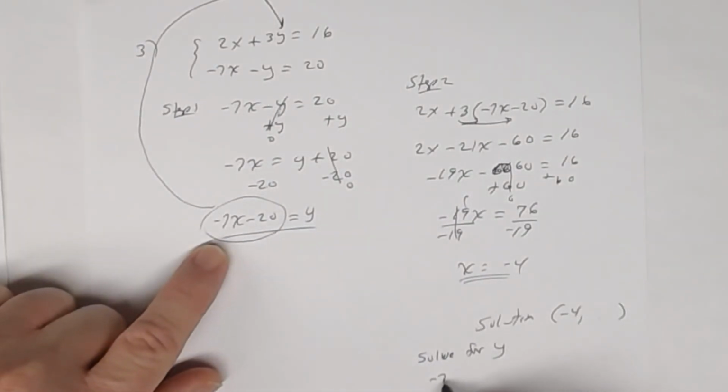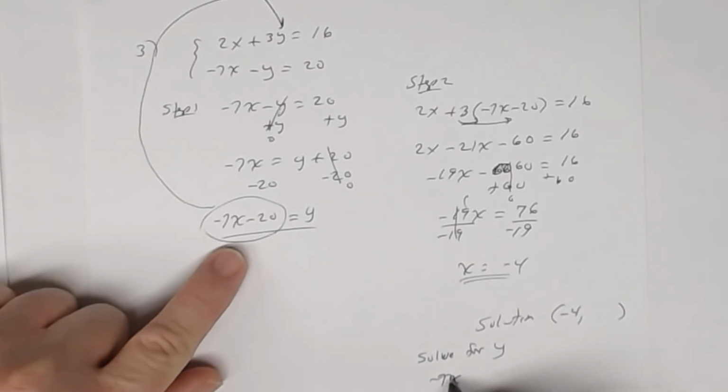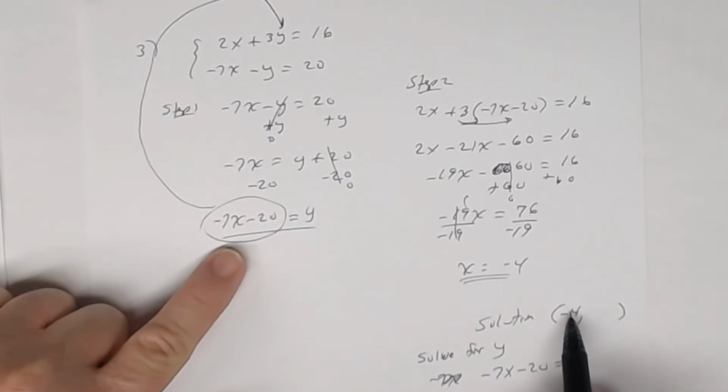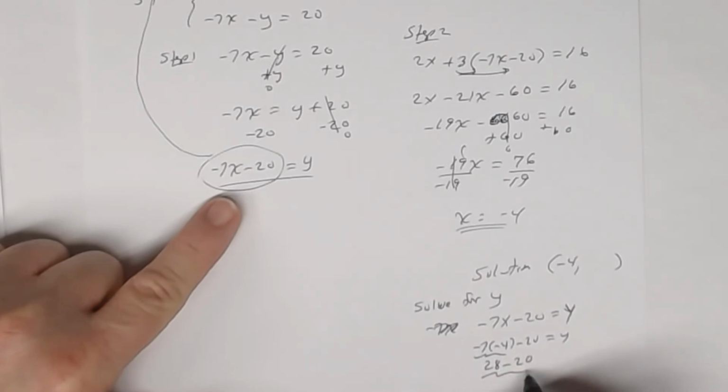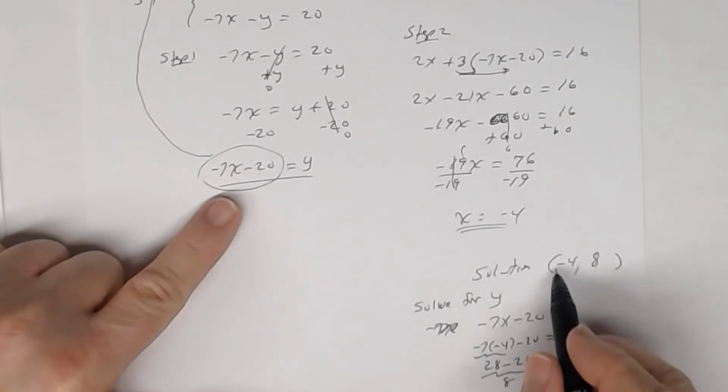Negative 7x minus 20 equals y. In place of x, I'm substituting negative 4. So negative 7 times negative 4 minus 20 is going to equal y. Negative 7 times negative 4 is a positive 28, and 28 minus 20 is a positive 8. So y is 8. So that's your solution.